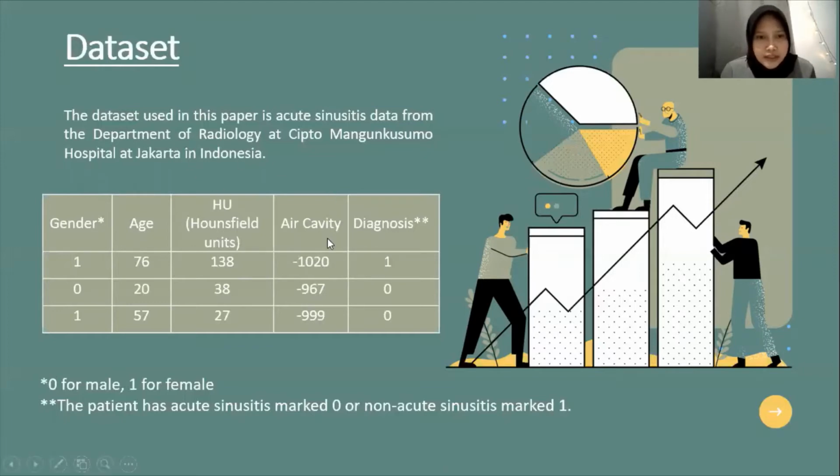And the next is air cavity, and the last one, the dependent variable, is diagnosis. In the diagnosis, the patient with acute sinusitis is marked with 0 and non-acute sinusitis marked with 1.